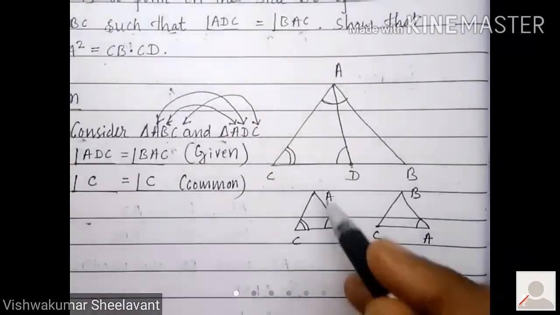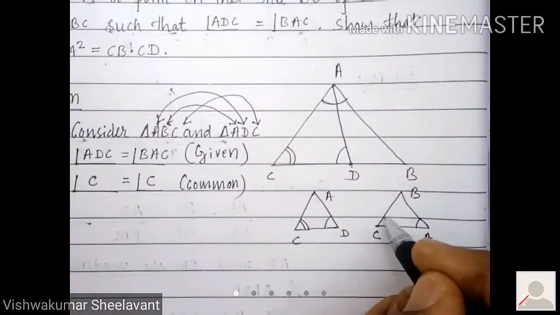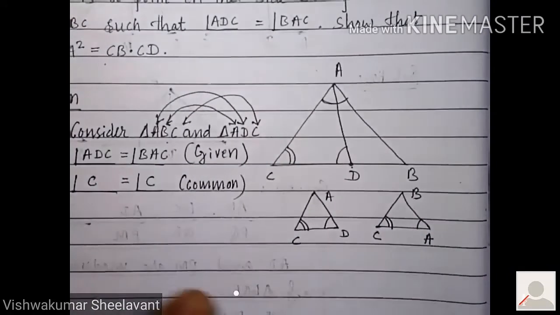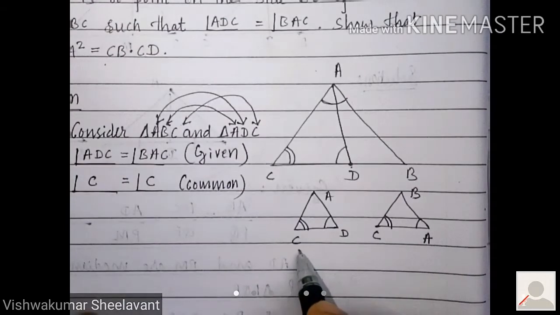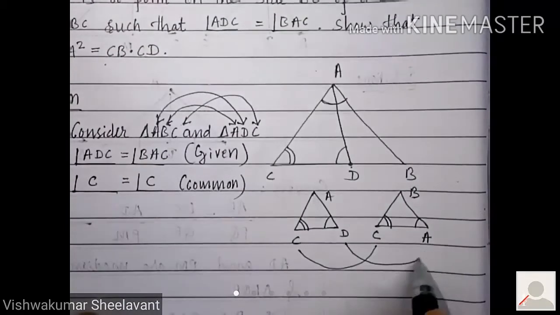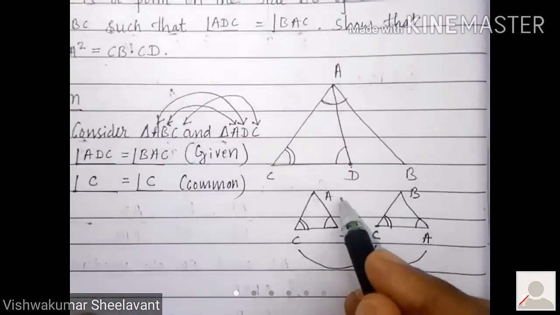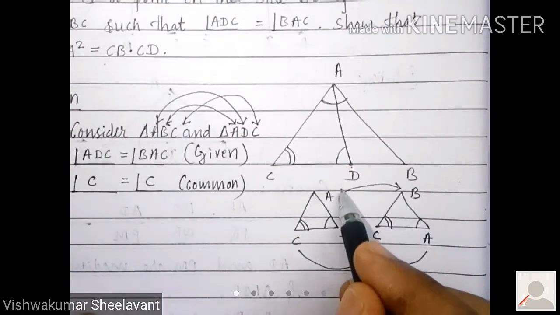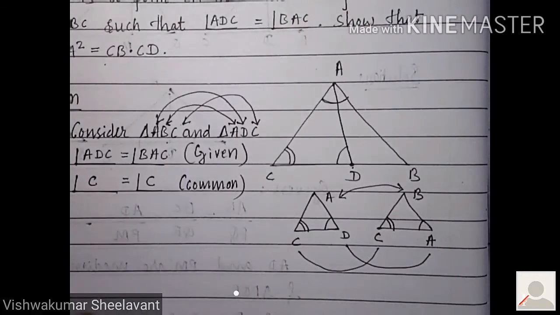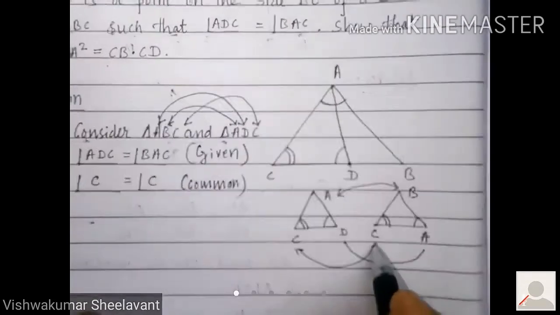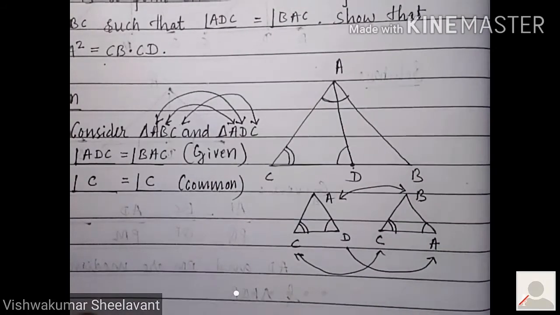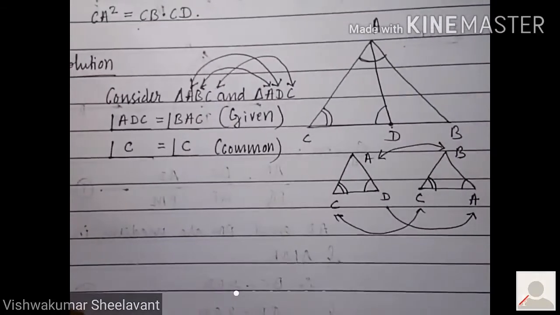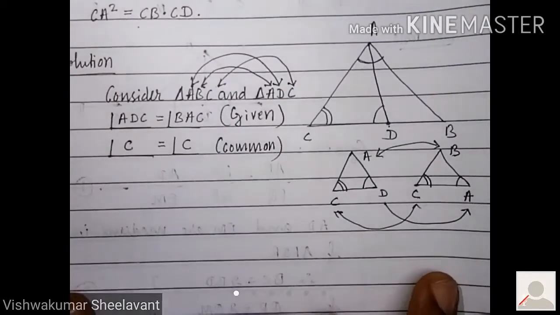BAC is equal to angle ADC. Angle C equal to angle C. So C corresponds to C, A corresponds to D, here A corresponds to B, like this. No confusion, your answer will be perfectly correct if you do like this.